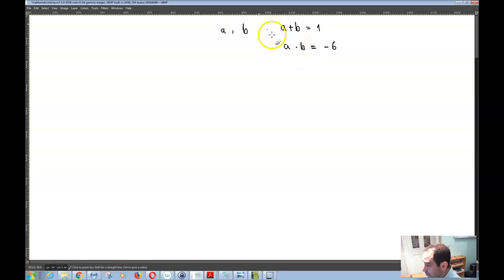Because you see, for example, when you have ax squared plus bx plus c is equal to 0, let's suppose that a is equal to 1.